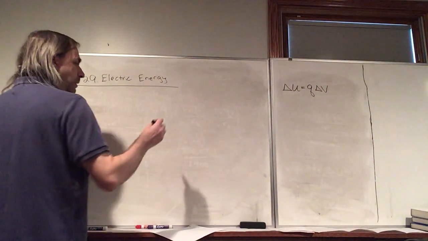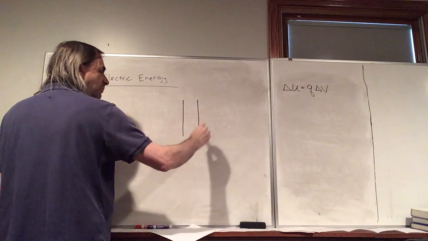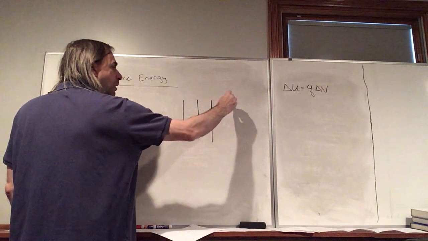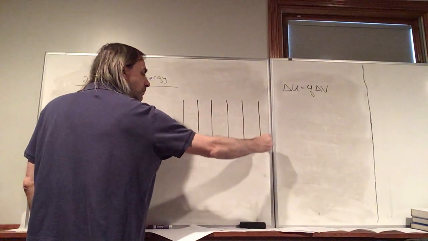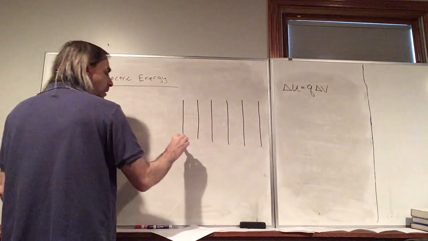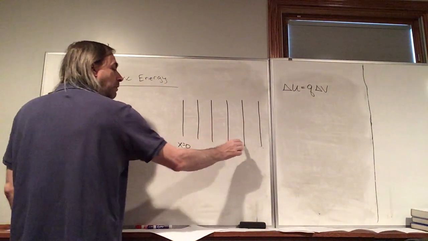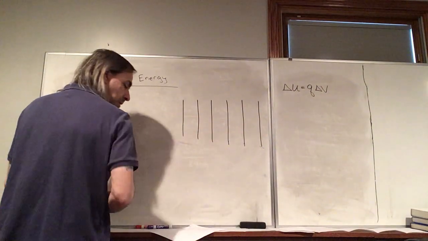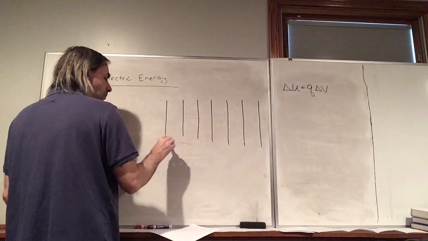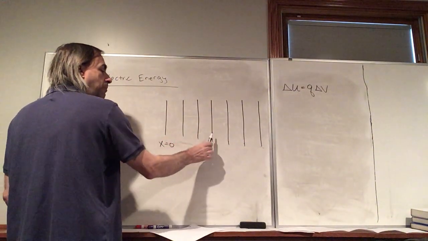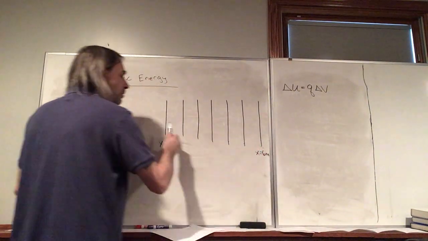Say we've got, so I'm drawing some equipotentials. And let's say x equals 0 here. Actually, I think I need one more line. Like 0, 1 meter, 2 meter, 3, 4, 5. So they're all equally spaced. I just don't want to write them all down.